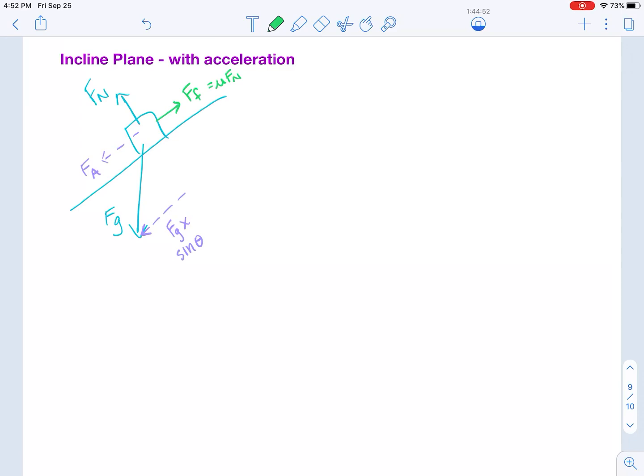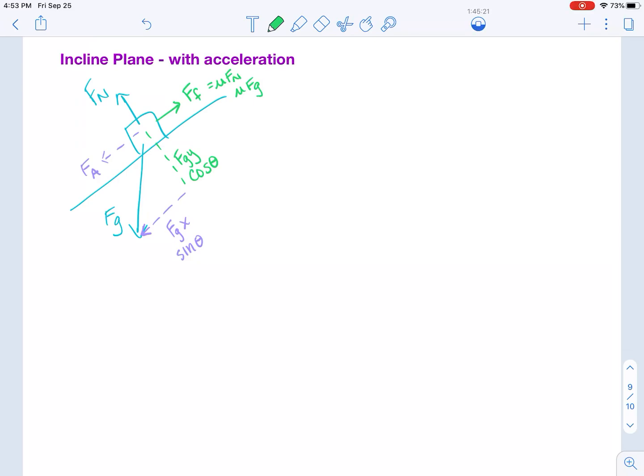The normal force is equal to the weight of the object, and because this is at an angle, it's this component of the weight that's in the same plane as my normal that would be used to be set up equal to the normal force. And this is the cosine of theta side of my weight vector.